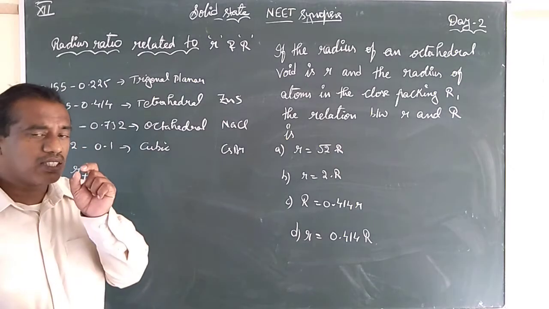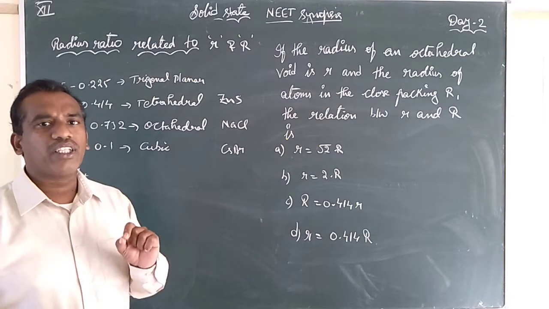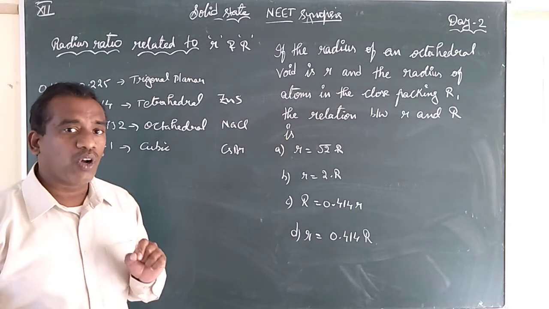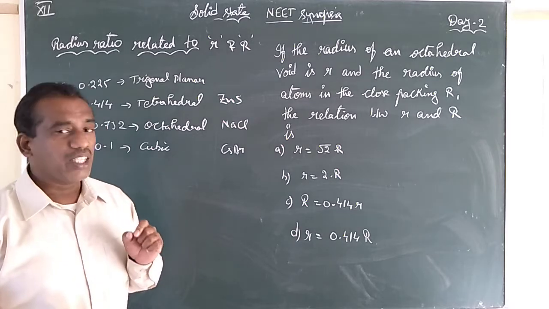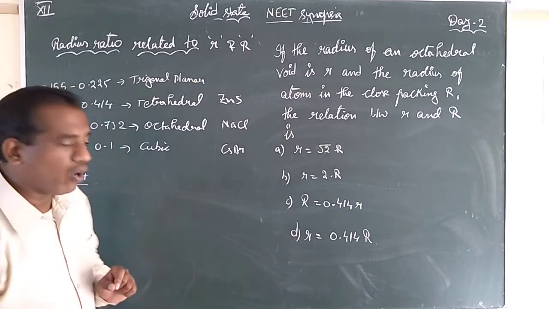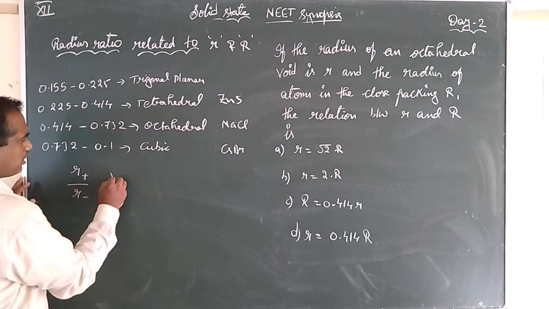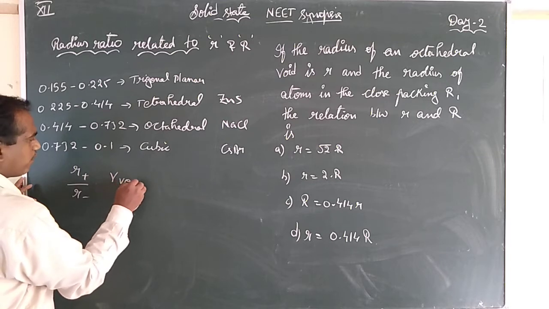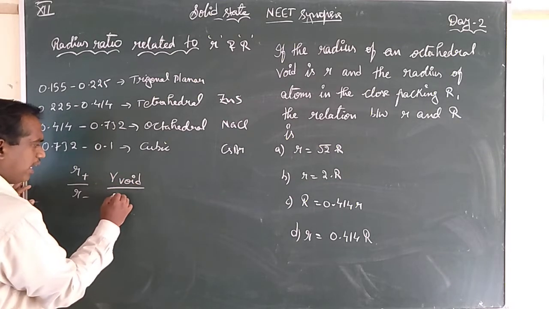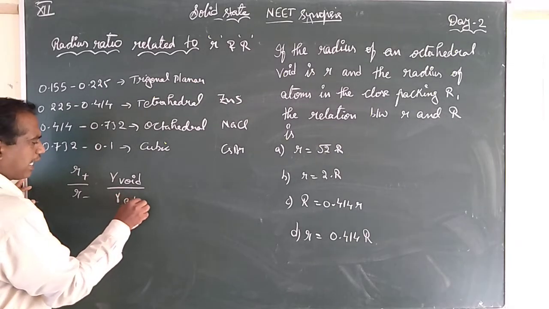The smaller cation will try to occupy the empty space. What did we call the empty space? Void. So here we take the radius of the void upon the radius of the particular atom.